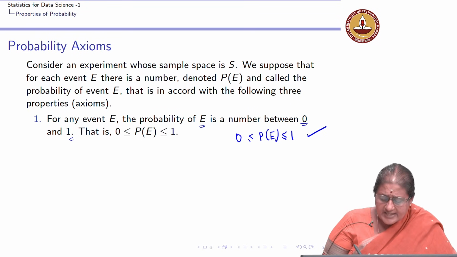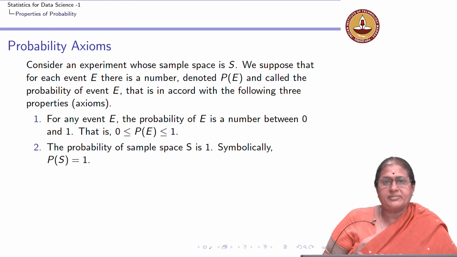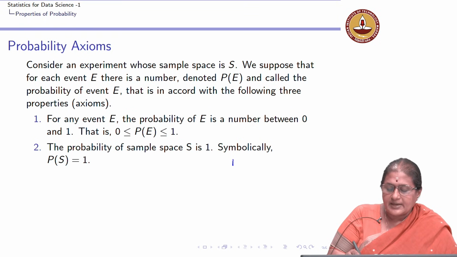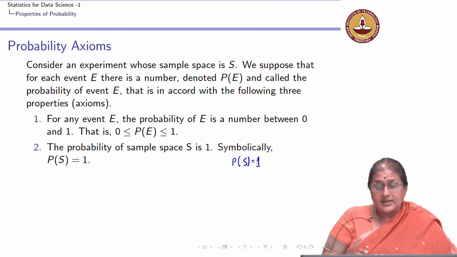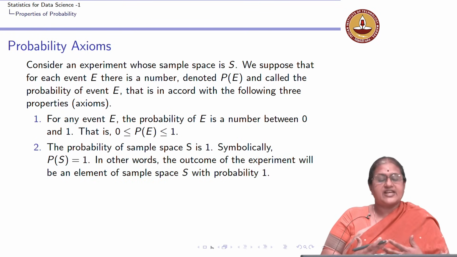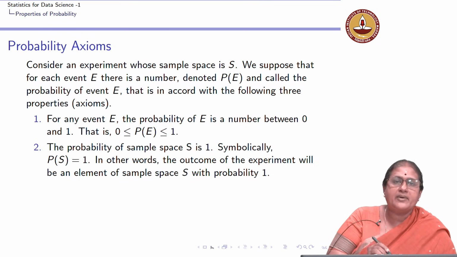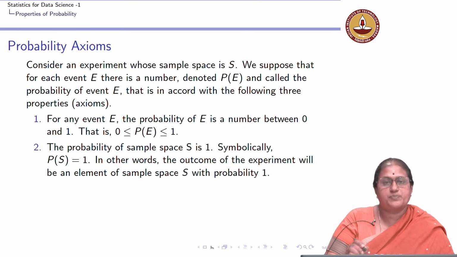Now, the next axiom of probability is the probability of the sample space is equal to 1. I symbolically write that as probability of S is equal to 1. In other words, what this signifies is the outcome of any random experiment will be an element of the sample space.